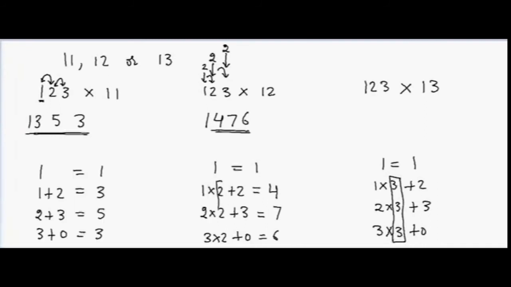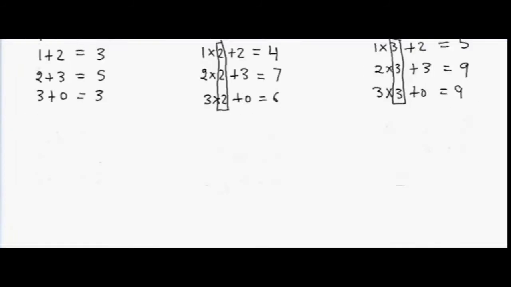Here I multiplied all the numbers by 2, and here I did not do any multiplication because it was 1. If I add these numbers, it will be 5, 9 and 9. So the answer will be 1599. That's how I'll multiply any number by 11, 12 or 13.